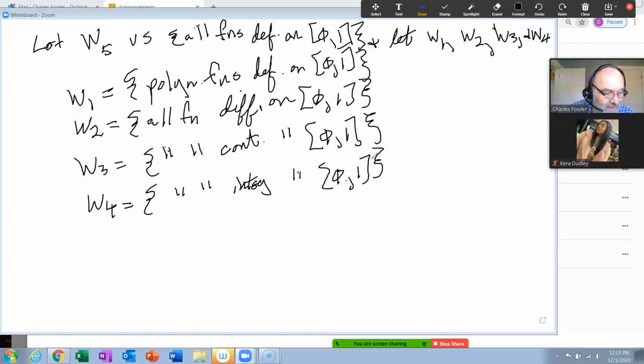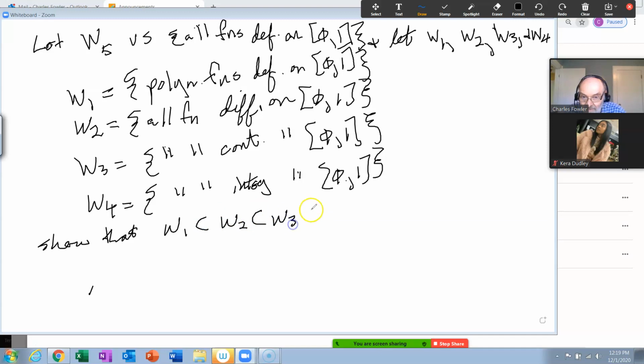So here we have a situation, and it says show that, and I've just talked my way through it, but it says show that W1 is a subset of W2 is a subset of W3 is a subset of W4, and that's a subset of W5.